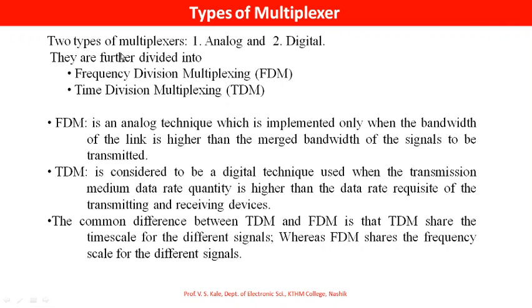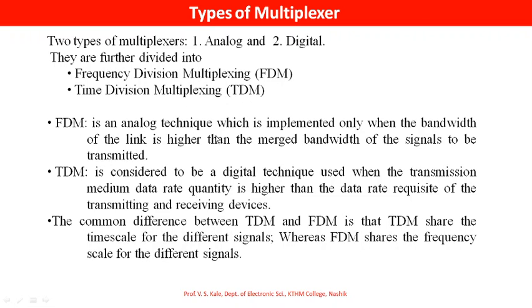There are two types of multiplexers. One is analog and the second is digital. These are further divided into frequency division multiplexing, that is FDM, and time division multiplexing, that is TDM.